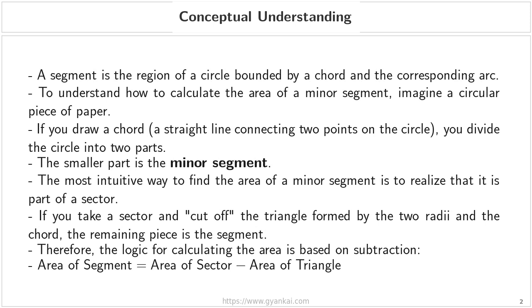Because of this, the logic for our calculation is based entirely on subtraction. As you can see on the slide, the area of the segment equals the area of the sector minus the area of the triangle. Keep this subtraction logic in mind, because in the next slide, we are going to break this down into a formal, step-by-step derivation of the formula.